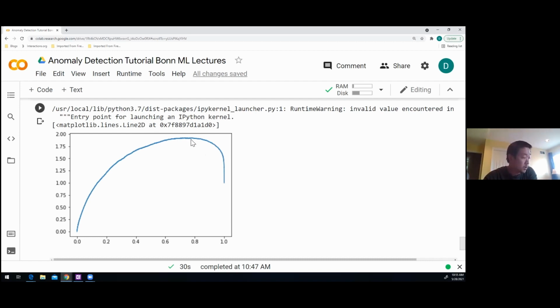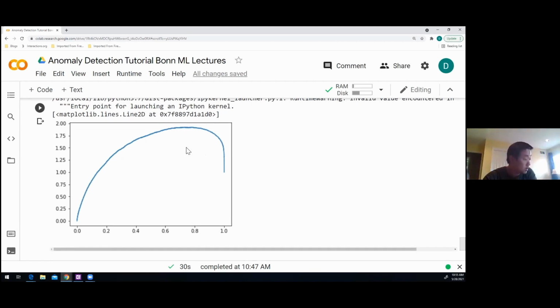So the purpose of this anomaly detection is to cast a wide net and not be over-optimized to any particular thing. So there's a trade-off there. Any questions about that? No? Okay.